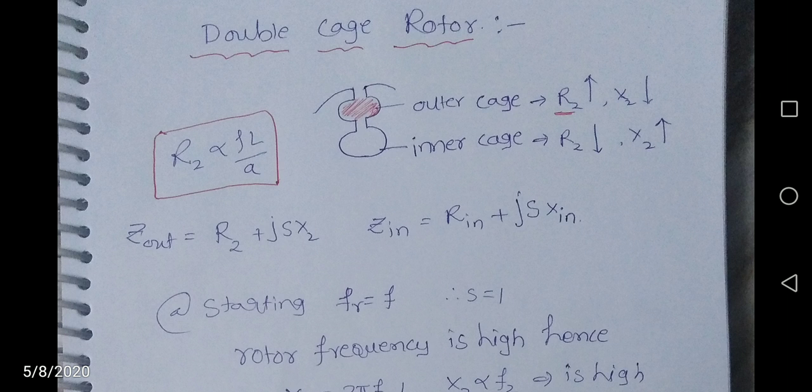Area wise, between outer cage and inner cage, the inner cage has more area, so the inner cage has less resistance and more reactance. The outer cage has less area, so in the outer cage resistance is more and reactance is less.